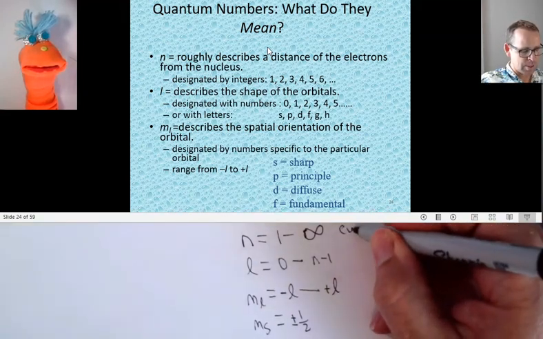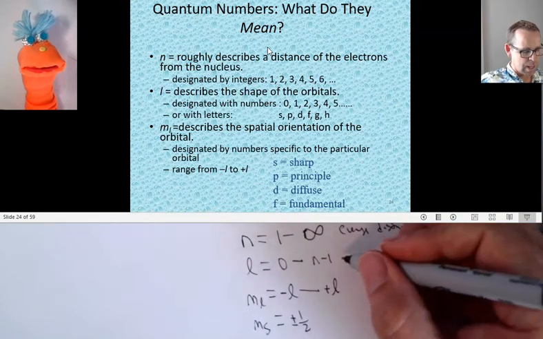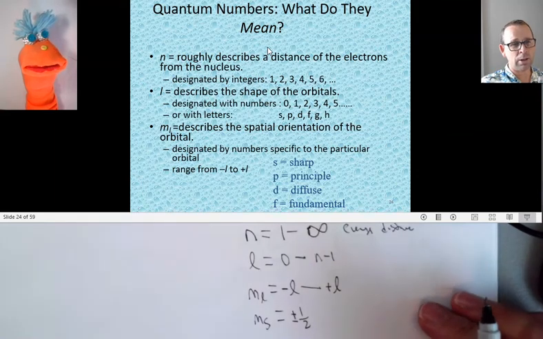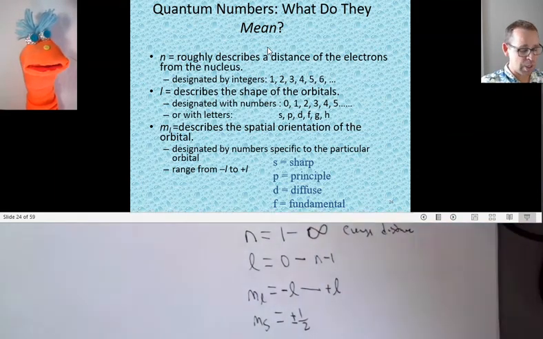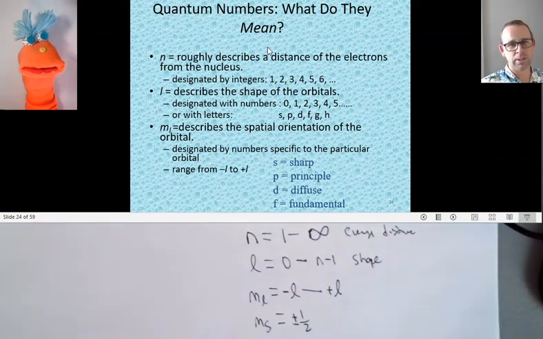N represents the energy or the distance from the nucleus. L is the shape of the electron cloud, right? The orbital.